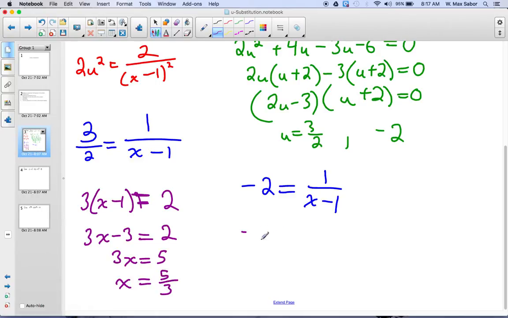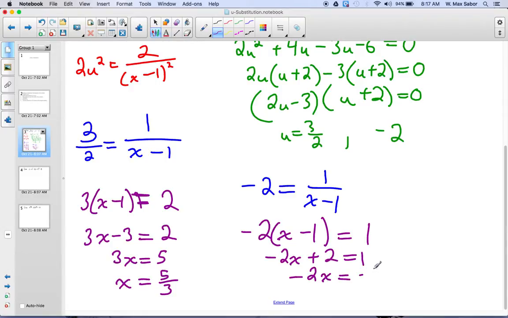And then our other solution, -2x plus 2 equals 1. -2x equals -1. And x equals 1/2.